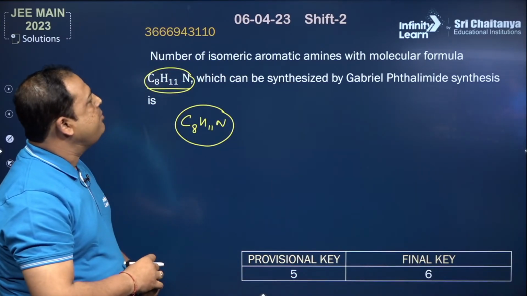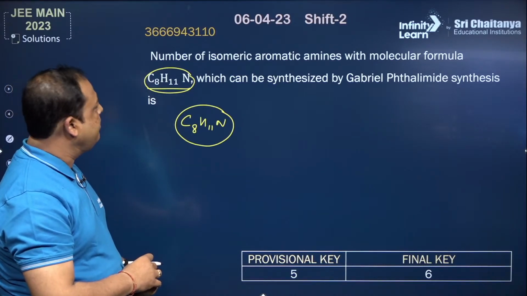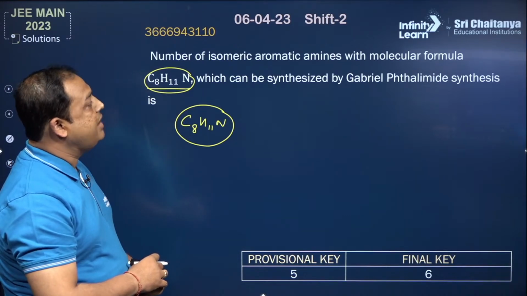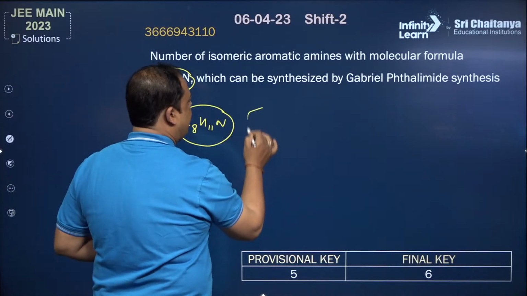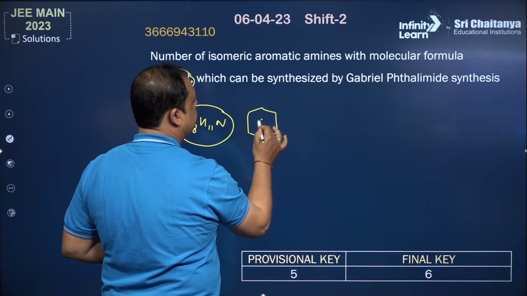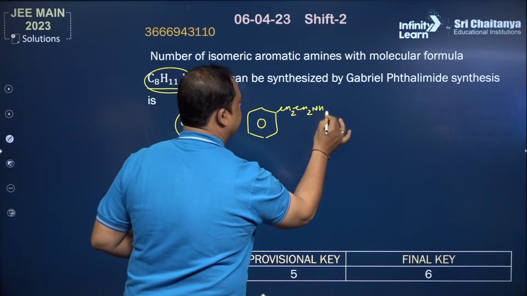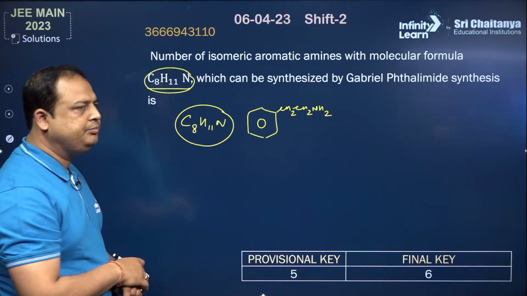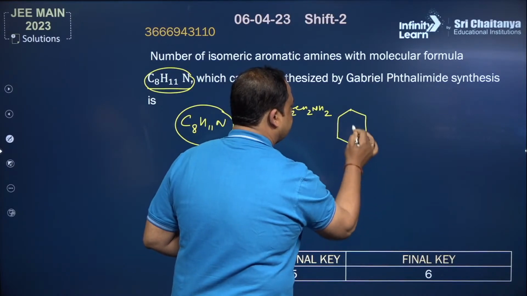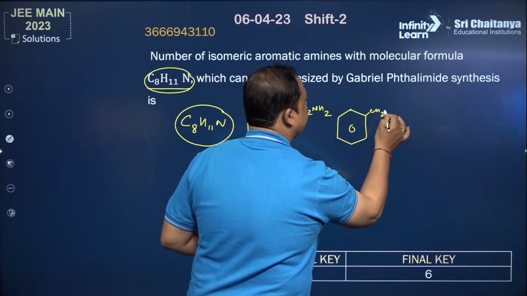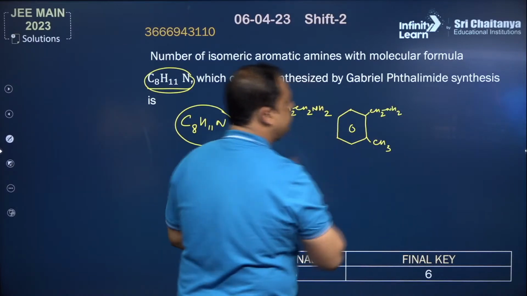The number of isomeric aromatic amines with molecular formula C8H11N, which can be synthesized by Gabriel phthalimide reaction. The first one can be CH2CH2NH2. This is a 1 degree amine. Let's have another one. This can be CH2NH2, and this can be CH3.